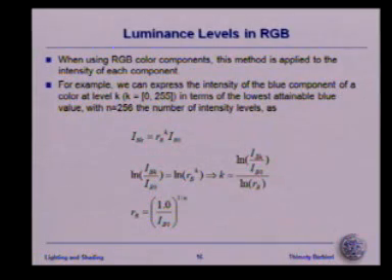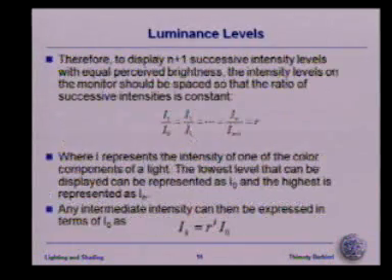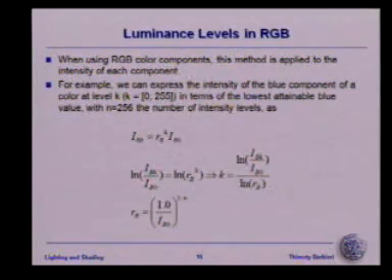We just invert this relationship using a logarithm, and we can find, given the intensity, for example, on the blue channel, what is the step number for the blue channel that we need to get that intensity. Over here, K. So it will be, for example, 32, or 0, or 255.